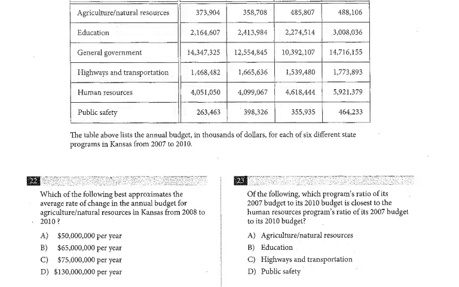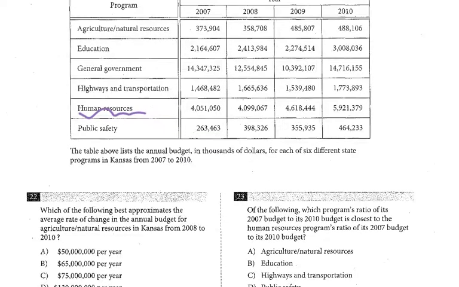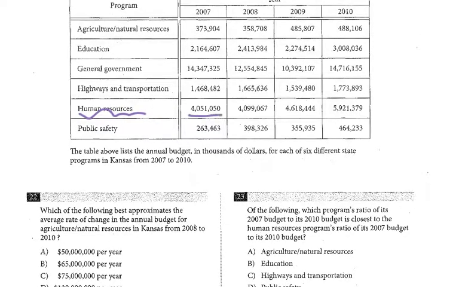Let's look at the human resource. 2007 will be this number, 2010 is this number. Then the ratio, this number over this, you will get 0.68.